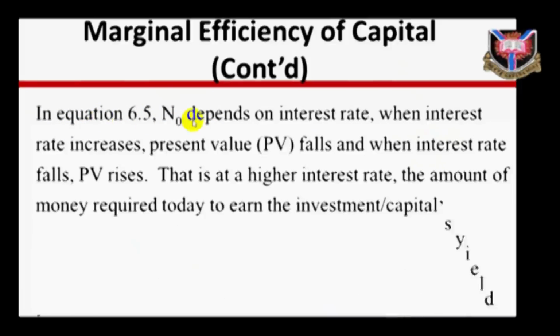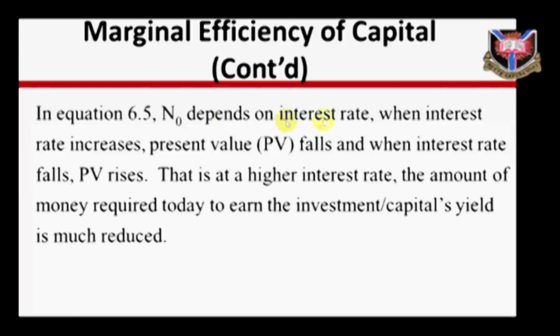By the same token, the future value of N0 in 2 years' time will be N2 equals N1 of 1 plus R, which equals N0 of 1 plus R bracket, the bracket again, 1 plus R, which equals N0 of 1 plus R bracket to power 2.